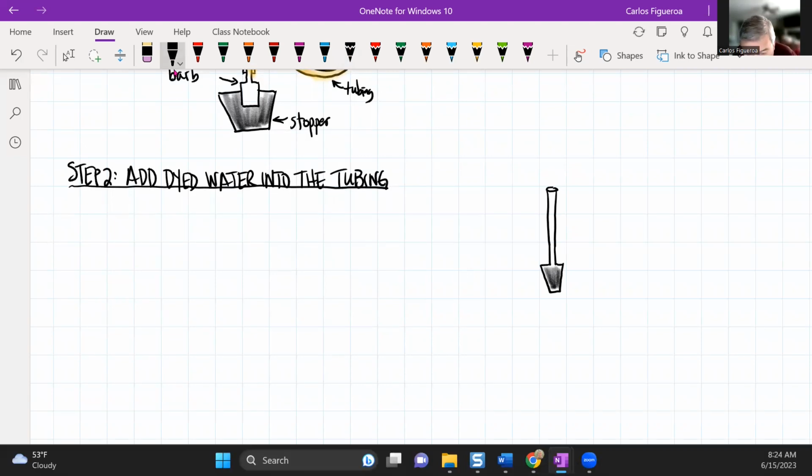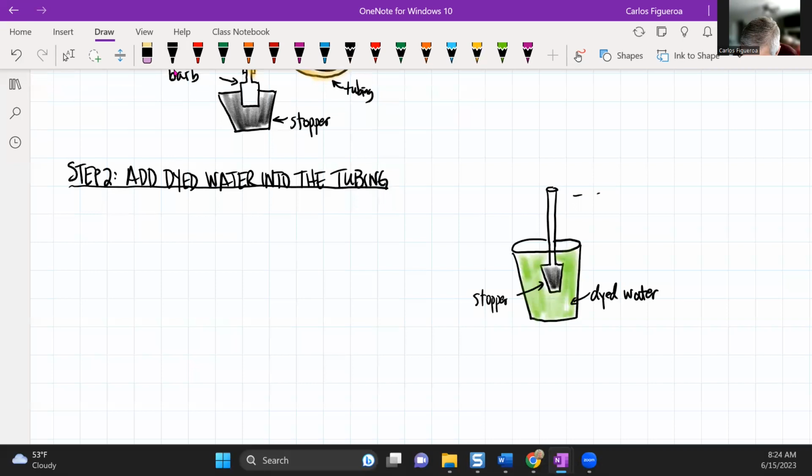Now I'm going to take some type of glass or cup, and then I put in dyed water. I wouldn't make it a full cup. I ended up doing about half a cup. This is my stopper, this is my dyed water, and this is my tubing.